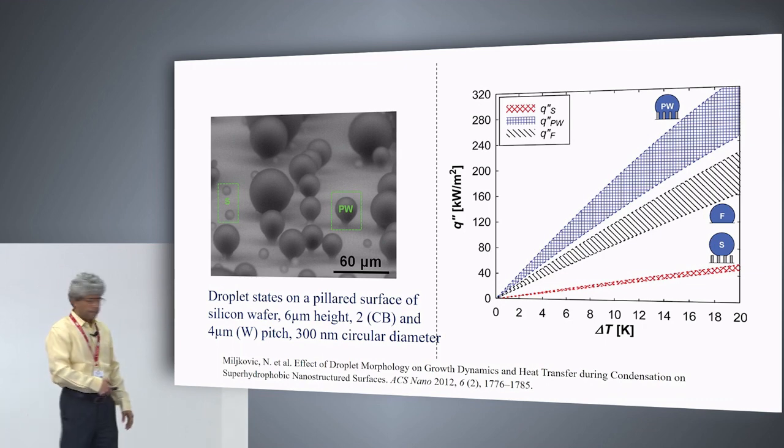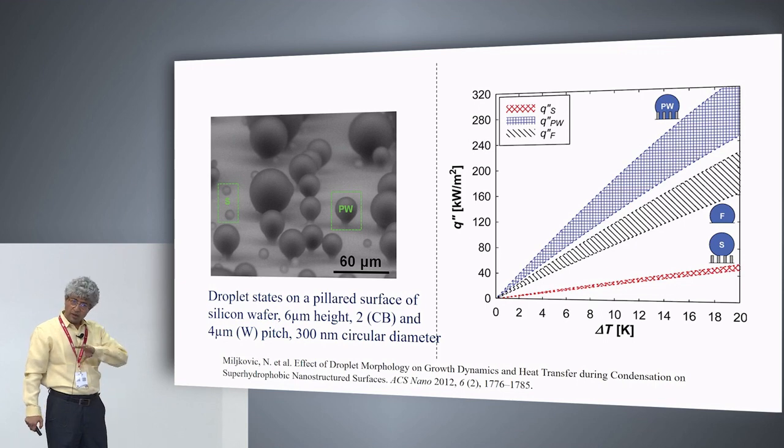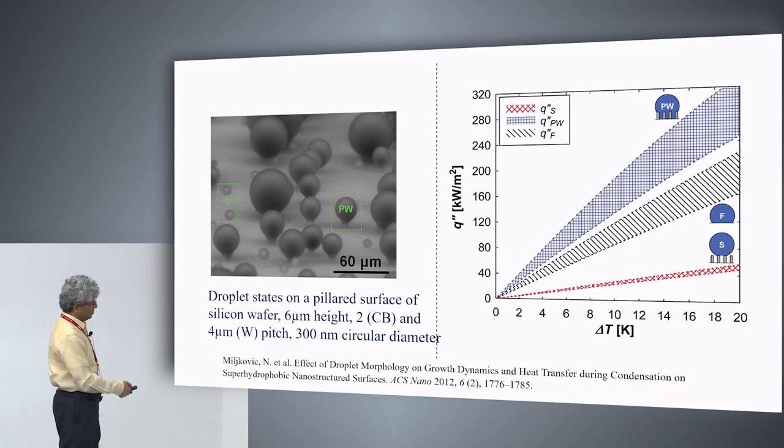Milkovich probably studied dropwise condensation with small pillars, 6 microns height, on silicon wafers, and showed that the superhydrophobic, this is Cassie-Baxter, actually will give you lower wall heat fluxes compared to a normal surface.